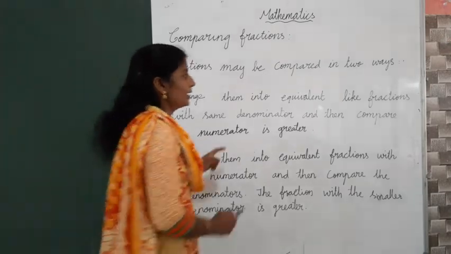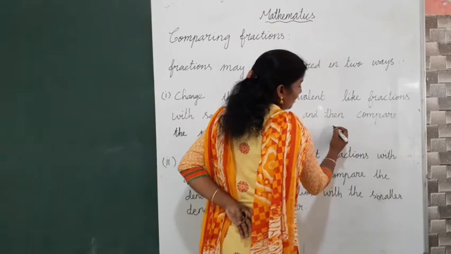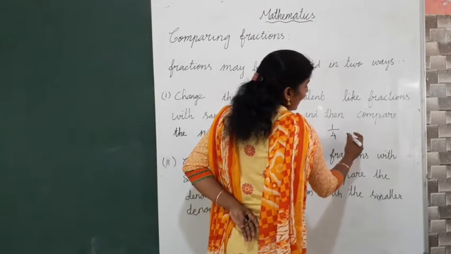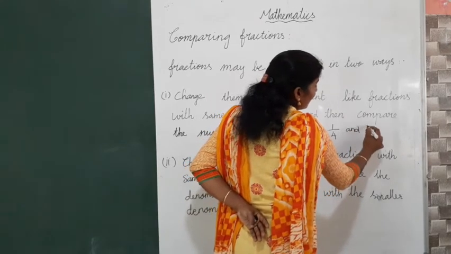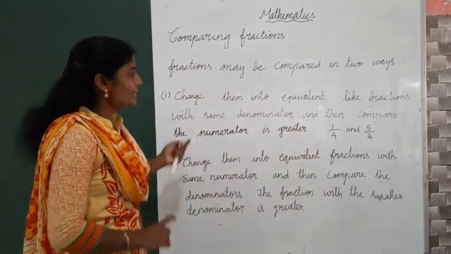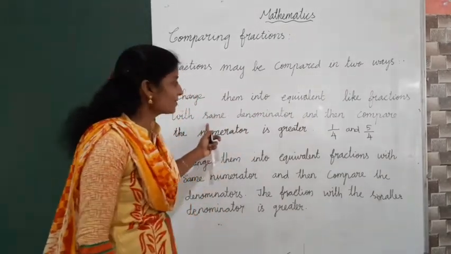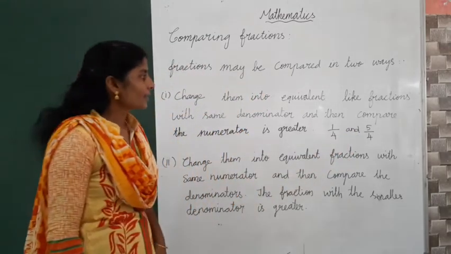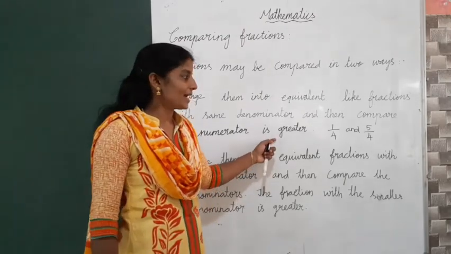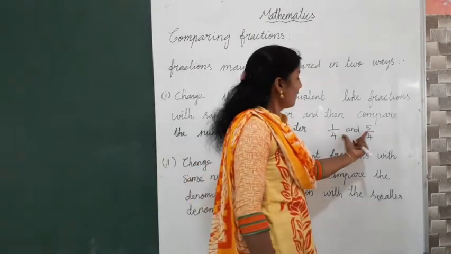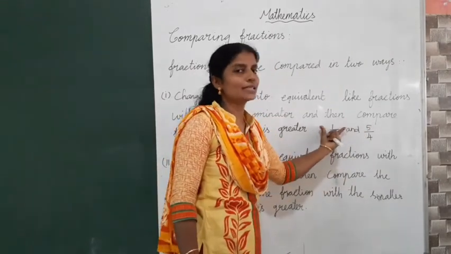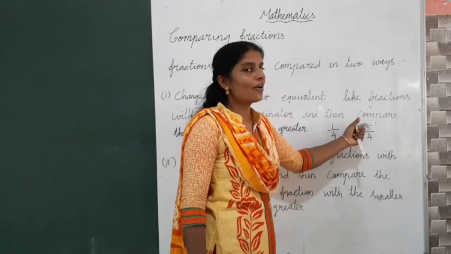For example, like fractions means the same denominator, isn't it? For example, 1 by 4 and 5 by 4. Now listen, change them into equivalent like fractions with the same denominator and then compare the numerators. Same denominator means we can compare the numerators, which is greater? 5.